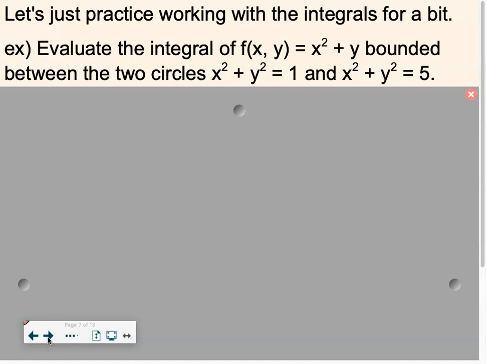So when you do these, if you want to set them all up in terms of x's and y's and then convert, you can. That's up to you. But anyway, this is the same as r squared equals 1, so r equals 1. You know how with x's, if I have x squared equals 1, x is plus or minus 1?